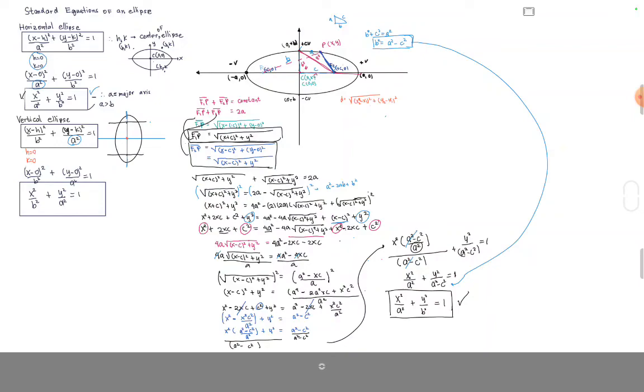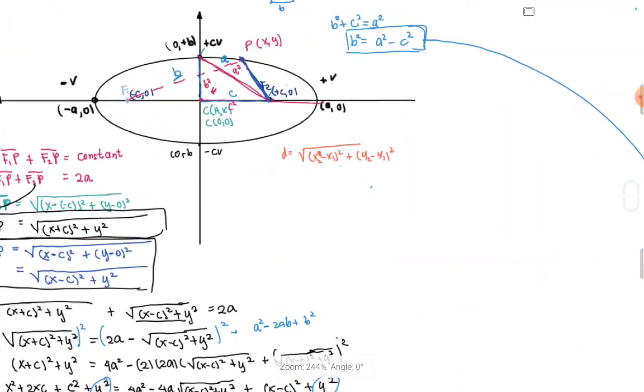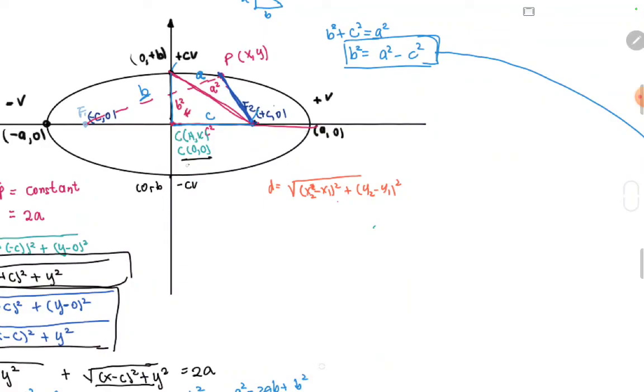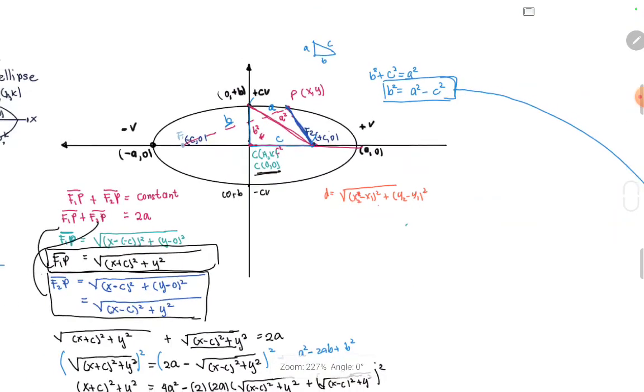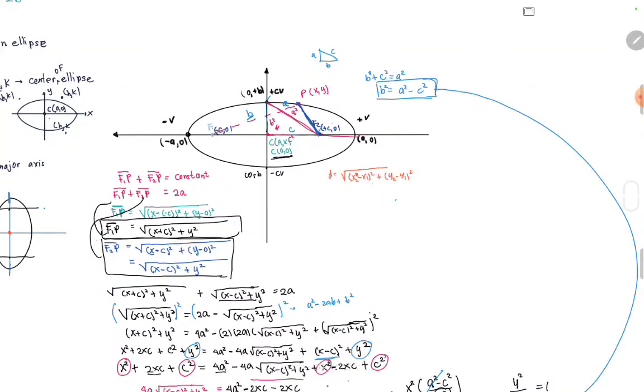Since I just want to demonstrate the use of the different parts of the ellipse in deriving our equation, I have used my center at (0, 0), considering that my h and k are equal to 0.